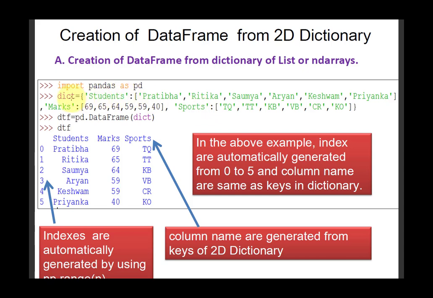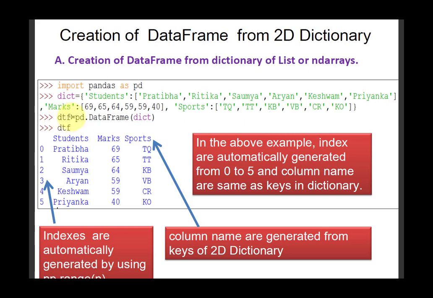So I created a dictionary with keys students, marks, and sports. These all are the keys, and its key values are these. So this is actually a dictionary, not a data frame. How can you convert that dictionary into a data frame? First you will create the data frame object.